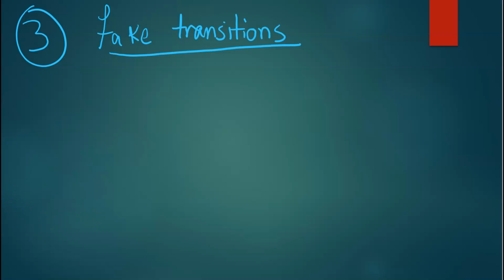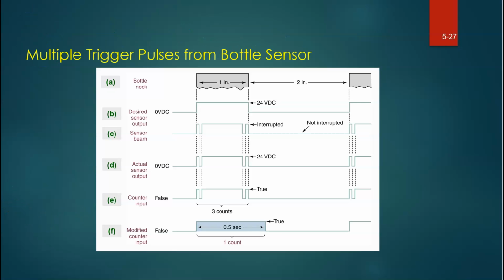Okay, so let's see what it means to have a fake transition. I want to show you an example here. Let's assume that we have an application in which we are counting the number of bottles on a conveyor. So what we expect to see is a signal like this.